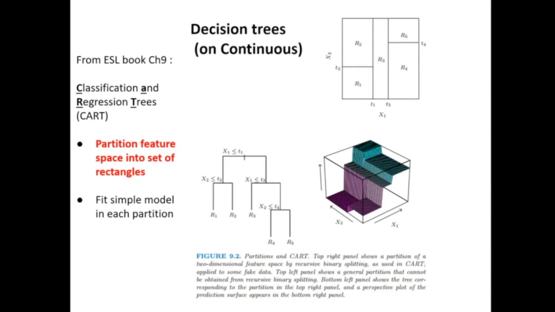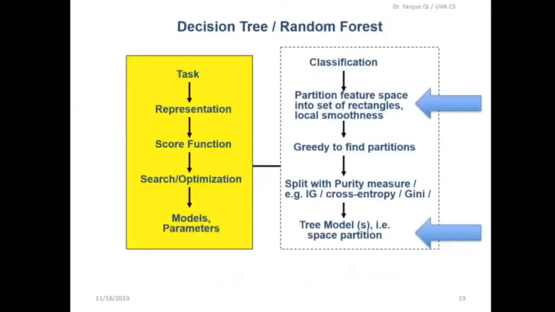So the fundamental idea is summarized as: the decision tree partitions the feature space into a set of rectangles. In the discrete case, it's separated into disjunctions of rules, and each rule is essentially a conjunction of Boolean conditions on the values of the variables.